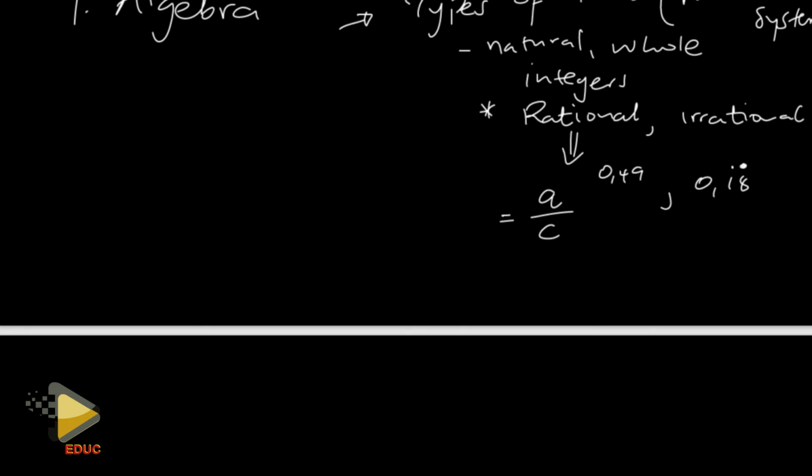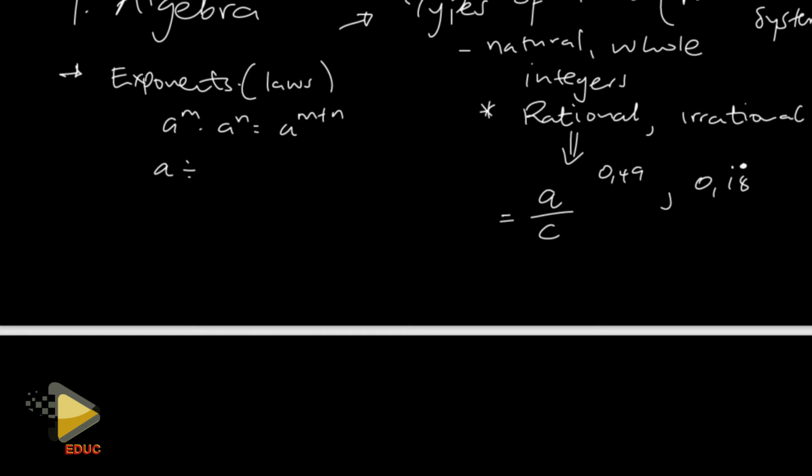Then the next part that can be expected under algebra is exponents. Under this we need to remember the different laws of exponents. Law number 1: when you're multiplying numbers with the same bases, you just add the exponents.